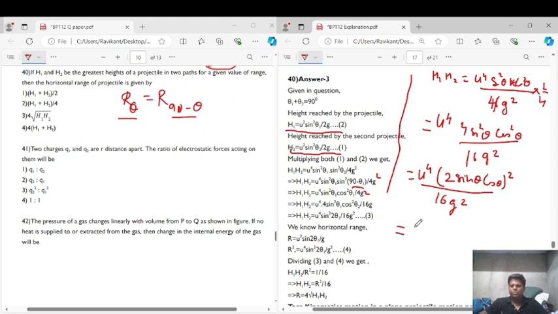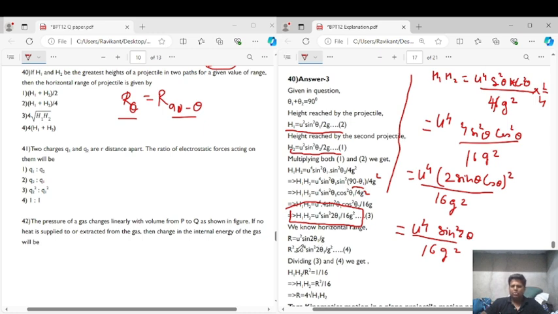So this will be equal to U raised to the power of 4 into sine square 2 theta upon 16G square. So from here we get H1 into H2 is equal to U raised to the power of 4 sine square 2 theta upon 16G square, right? Now range R is equal to U square sine 2 theta upon G.